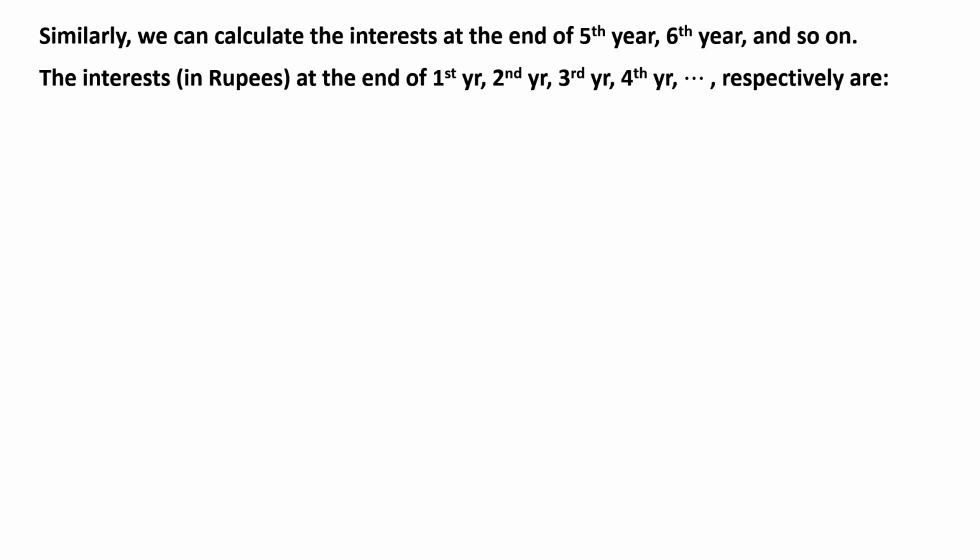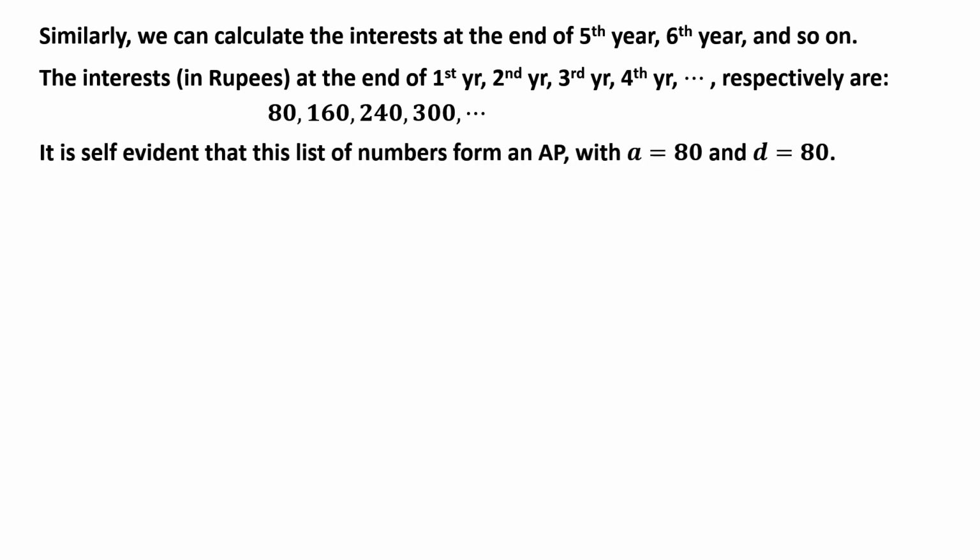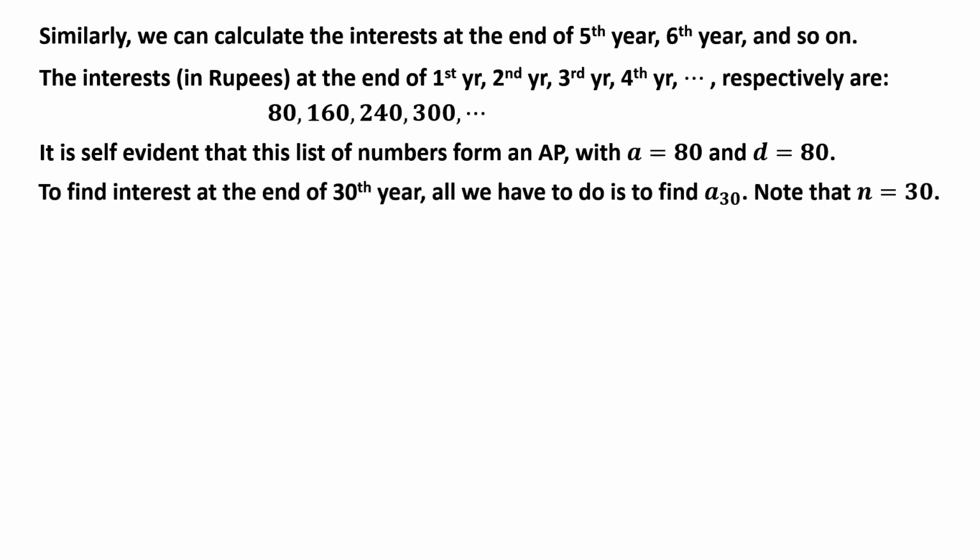The interest in rupees at the end of the first year, second year, third year, fourth year, and so on, respectively, are 80, 160, 240, 320, and so on. It is self-evident that this list of numbers forms an AP with a equals 80 and d equals 80.